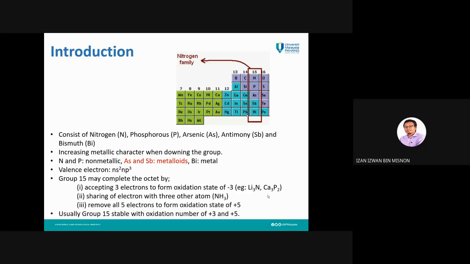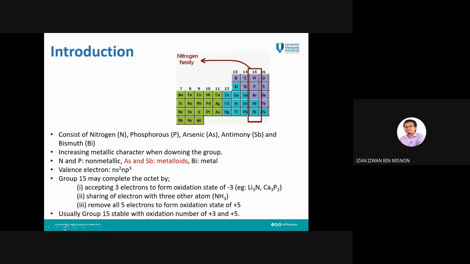Okay, as an introduction, group 15 is also called the nitrogen family since the first element in group 15 is nitrogen.